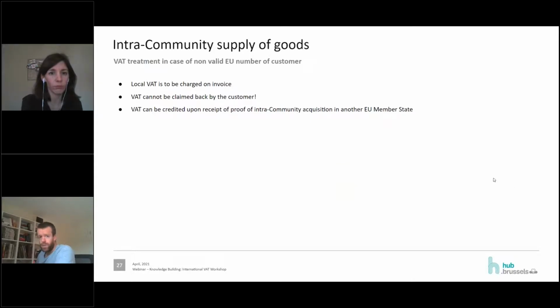Again, that's what we mentioned a bit before. If you're not able to justify the validity of the EU number of your customer, technically local VAT should be charged on the invoice. That is the safest way for you as a company, not having issues afterwards with the Belgian VAT authority. So if you see something that is wrong with the VAT number of your counterparty, it's better to charge local VAT.